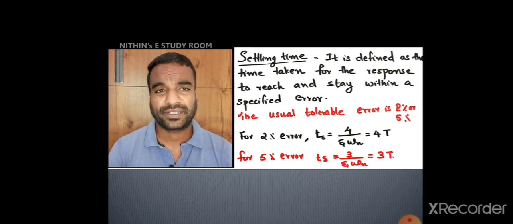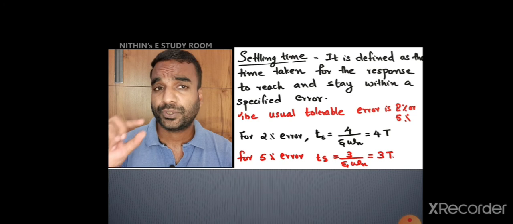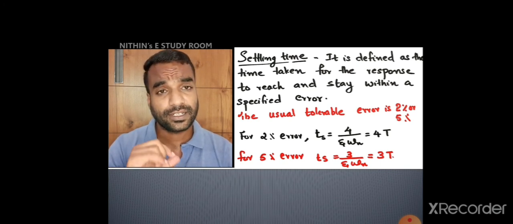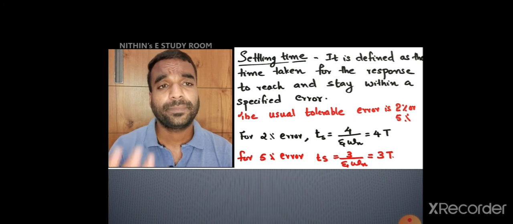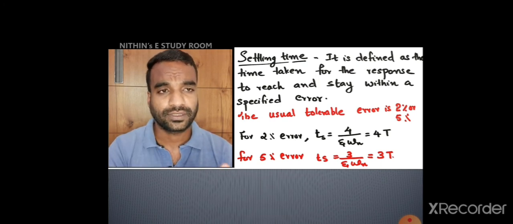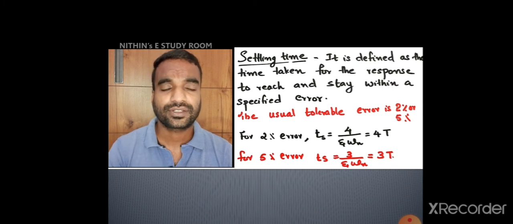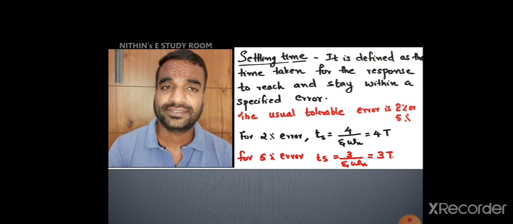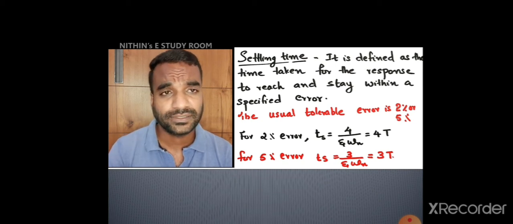That is the time taken to settle if we are ready to tolerate 2% error. And if you are ready to accept somewhat higher, a 5% error, we have to wait for only 3 time constants, 3T, and that equation is 3 by eta omega n. Anyhow, the settling time for 2% error will be higher than for 5% error.